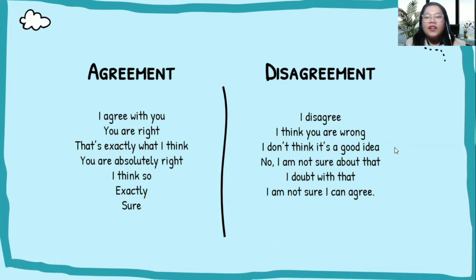And these are the disagreement. I disagree. I think you are wrong. I don't think it's a good idea. No, I'm not sure about that. I'm not sure I can agree. So those are the examples of the expressions of agreement and disagreement.